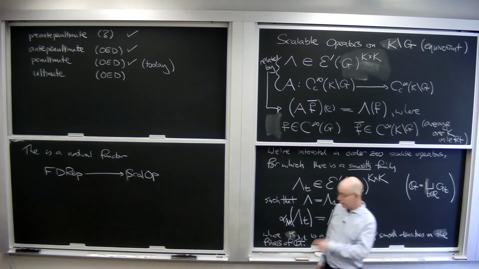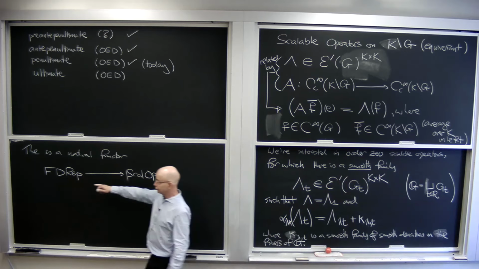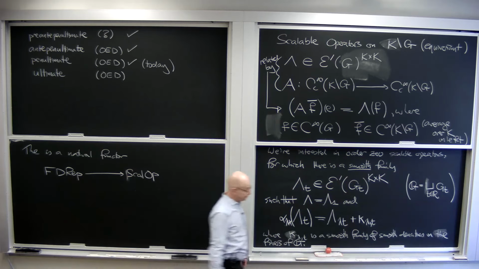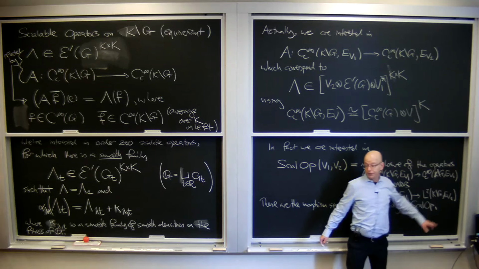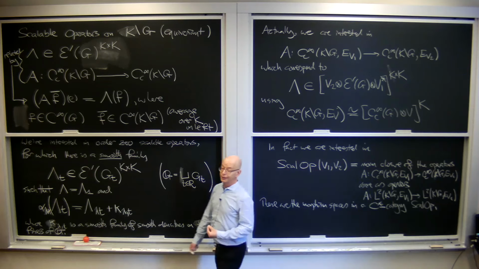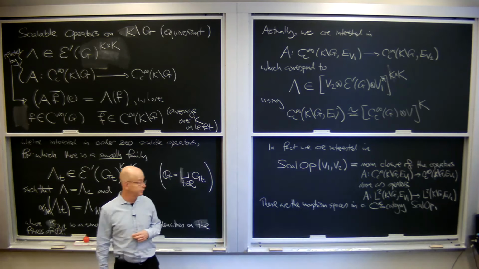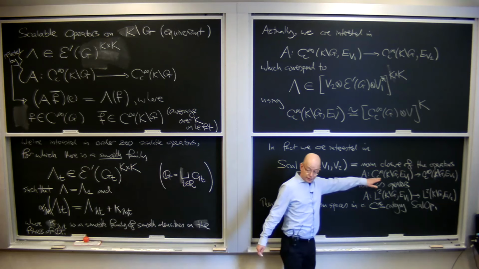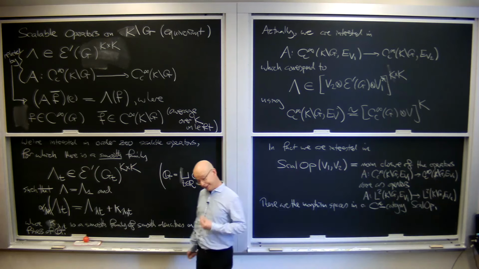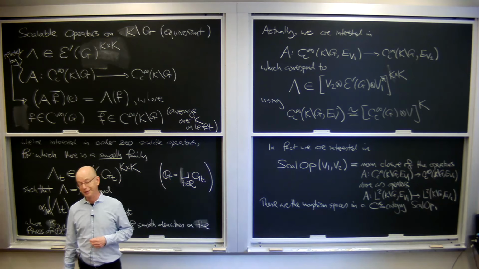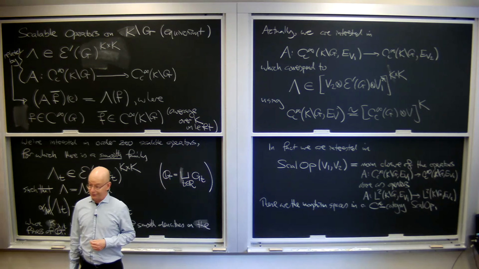As for morphisms, if you have an intertwiner of representations from V1 to V2, it gives you a G-equivariant morphism of vector bundles from EV1 to EV2. And now you can compose with that G-equivariant morphism of vector bundles, and you'll get an operator from sections of EV1 to sections of EV2. That operator is a pseudodifferential, scalable order zero operator.